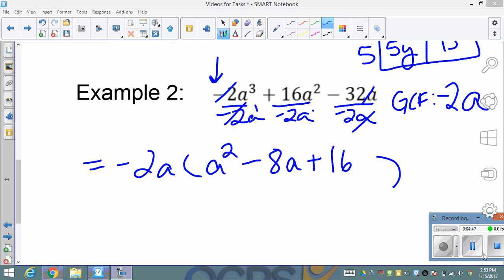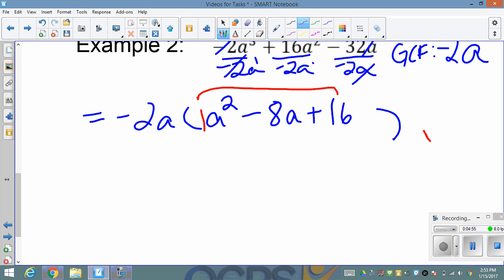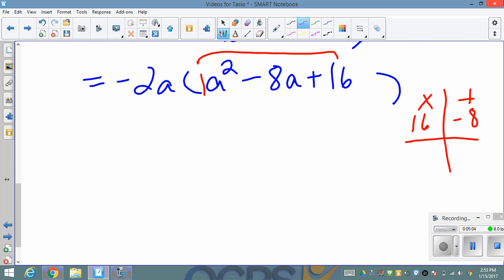And now I can factor my trinomial. So I'm going to do a times c, first times last. That's going to give me 16, so I want to multiply to 16 and add to my middle term, which is negative 8. So for 16, I have 1 and 16, 2 and 8, 3 does not go, 4 and 4.